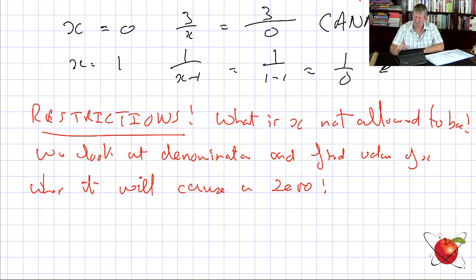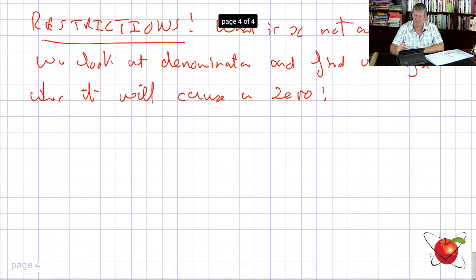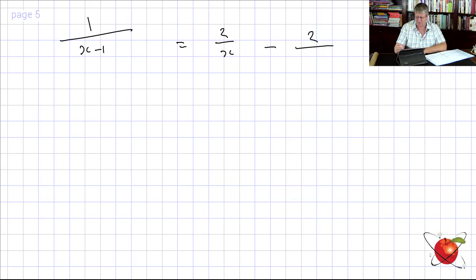Okay, let's just take the one that we've got here and go through it as an explanation. Let's take 1 over x minus 1 is equal to 2 over x minus 2 over x plus 2. Now, first rule is I've got to get everything to the other side. Why? Because I've got my x's, all right? Now, in these, it's better to get everything equal to 0.